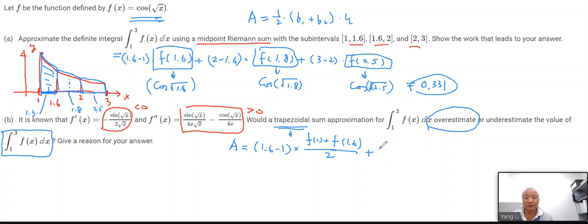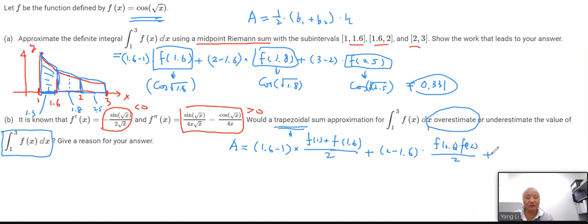And then you have the other one, which is 2 minus 1.6, and this one will be f(1.6) plus f(2), right? Those are the two bases, divided by 2, and then times the height.